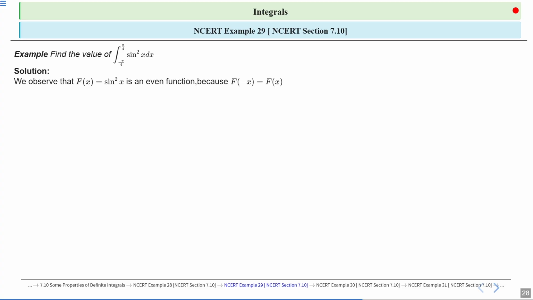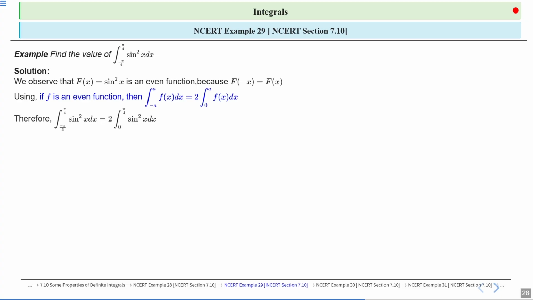Okay, and as here we see sine square x is an even function, we apply this property: the value of the definite integral from minus a to a of f(x) dx is equal to 2 times the definite integral from 0 to a of f(x) dx.